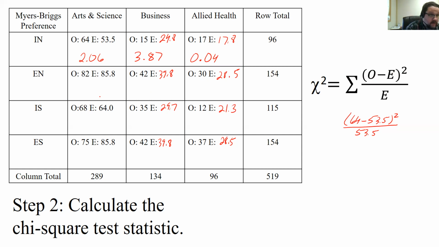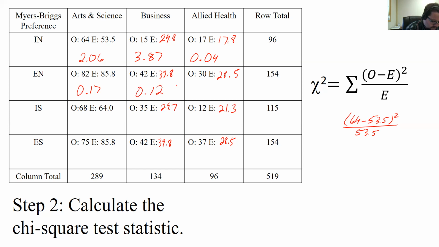So 82 minus 85.8 squared, divide by 85.8. Okay, so that's about 0.17. Again, those two are kind of close. 42 minus 39.8 squared, divide by 39.8. So 0.12.